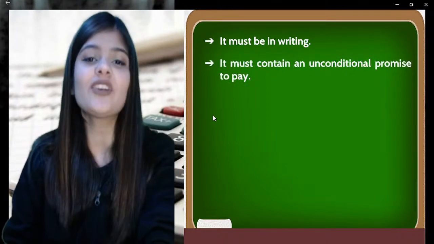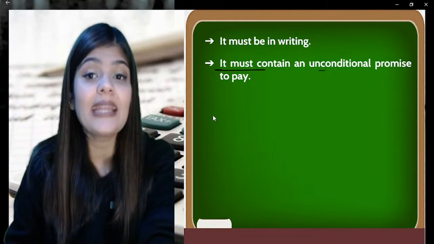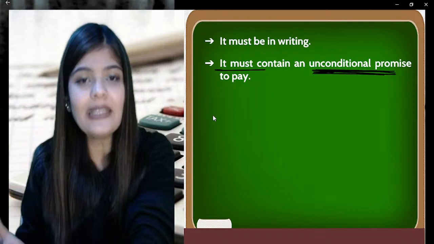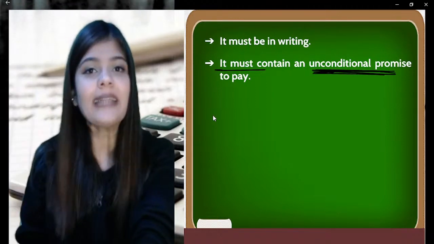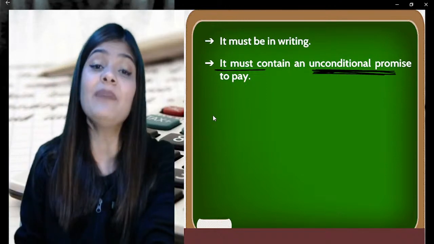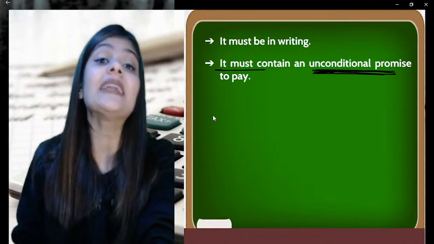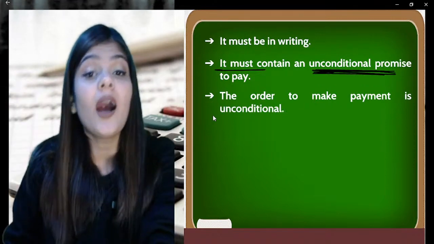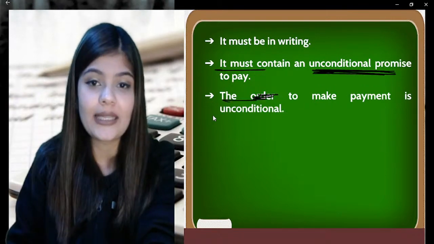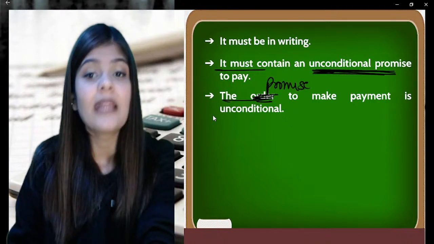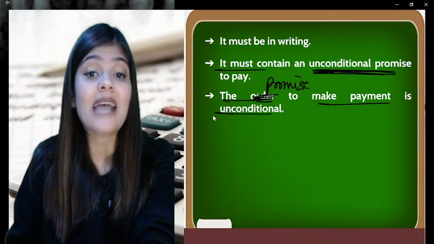The second feature is it must contain an unconditional promise. It must contain the promise, because if it does not contain the promise, it is not a promissory note. So it is very important that it contains an unconditional promise. The promise to make payment is unconditional.